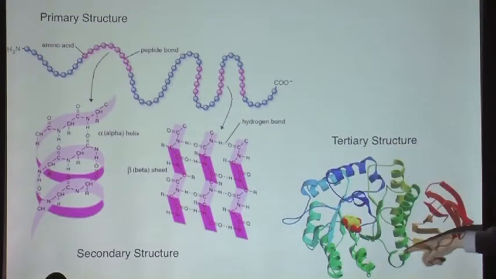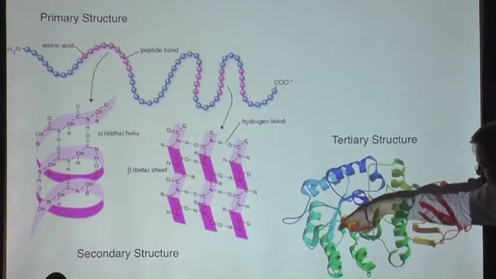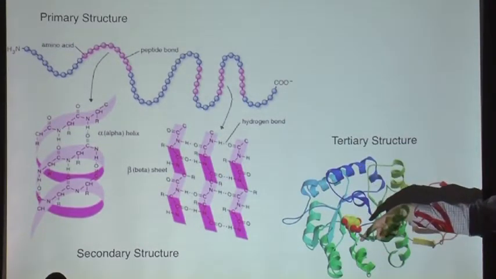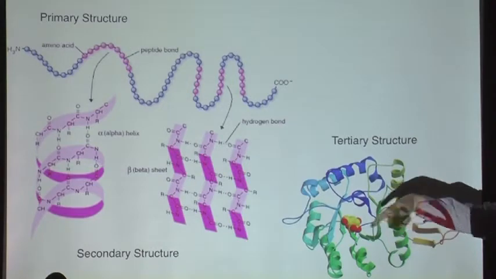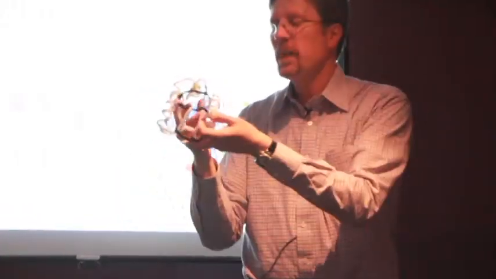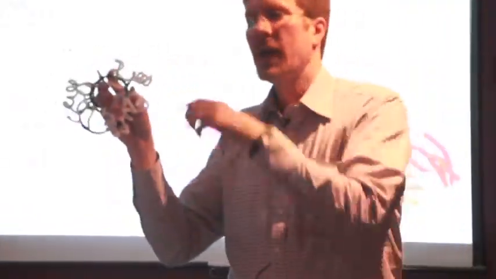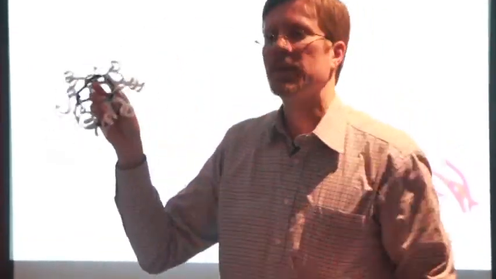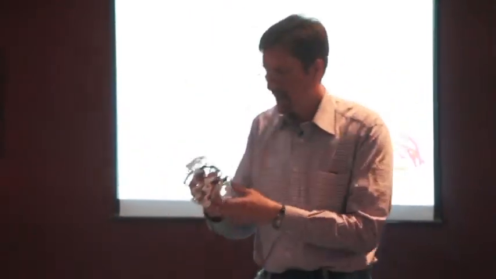This is called a beta alpha barrel. It's a beta strand and then an alpha helix, and then another beta strand and then an alpha helix, and then another beta strand and then an alpha helix. So you have 8 beta strands in the middle and 8 alpha helices around the outside. I think I needed quite a few pipe cleaners to make that. If you need more pipe cleaners, we have more.